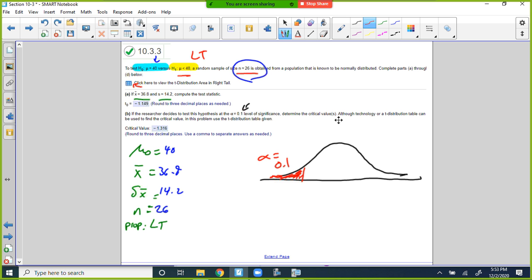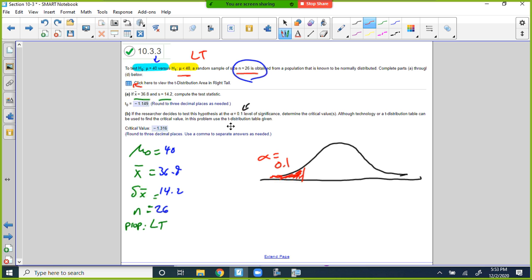Determine the critical value. Although technology or a t distribution table can be used to find it, in this problem use the t distribution table given. Well, they say use that, but I use the calculator.